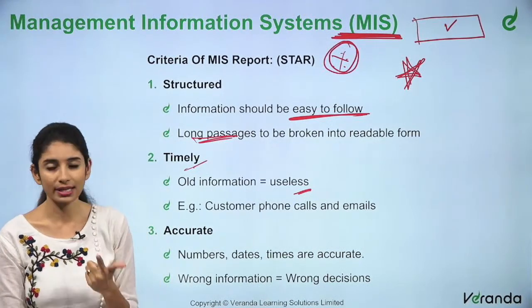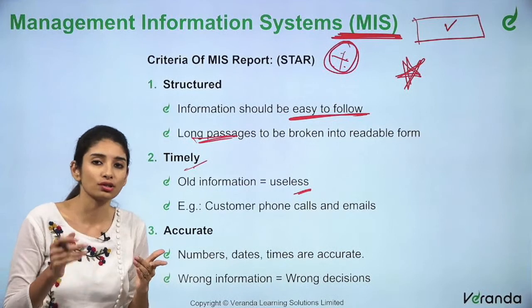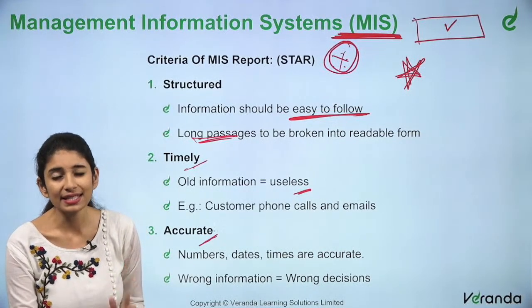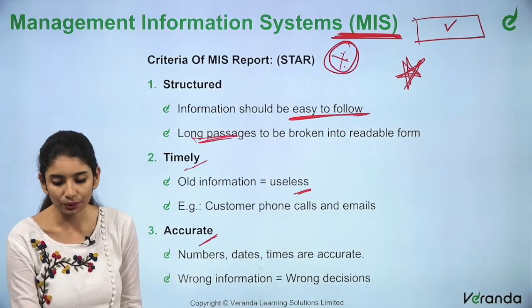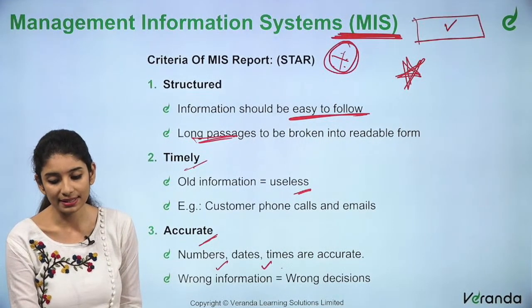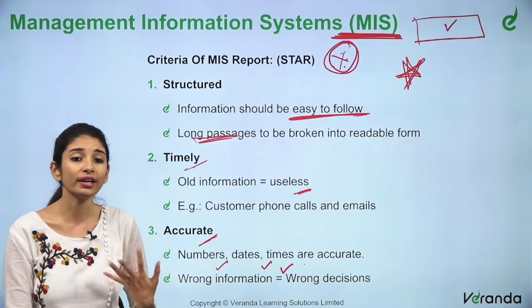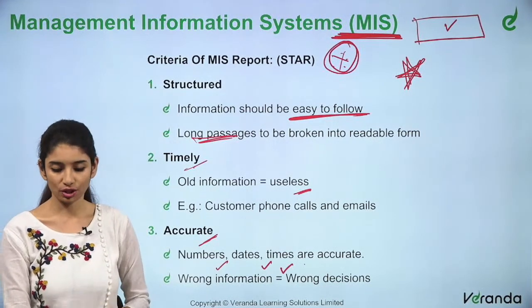Example, customer phone calls, emails, all of that need to be up to date as to what is the status right now. Number 3, A for accurate. All the numbers, dates, timestamps, whatever is used in the report needs to be accurate, because wrong information could lead to wrong decision making.